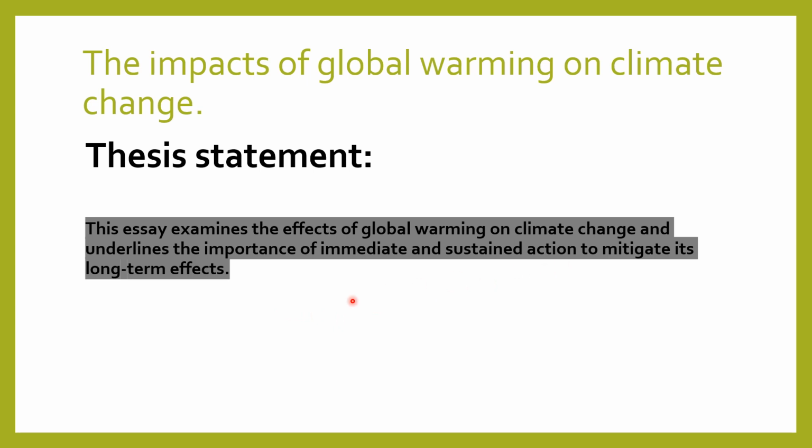Okay, this is your argument, this is the point that summarizes your essay. You're going to be examining the effects of global warming on climate change, and also why it is important to mitigate the long-term effects.